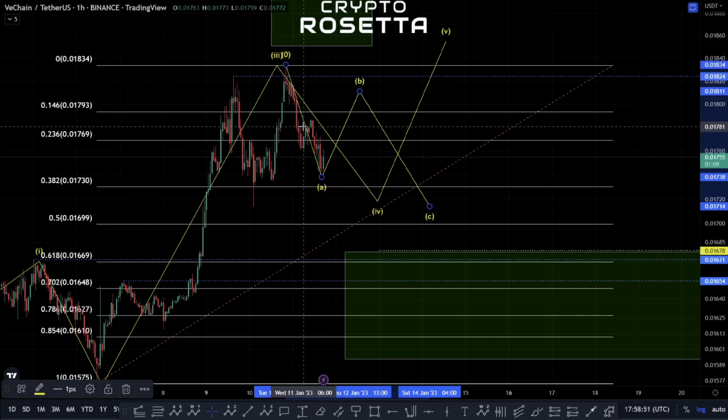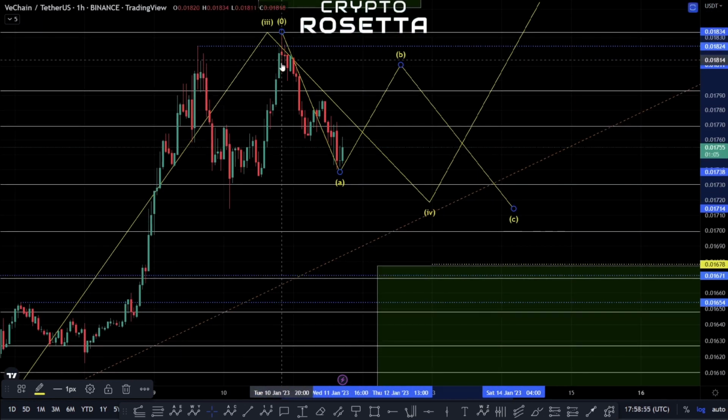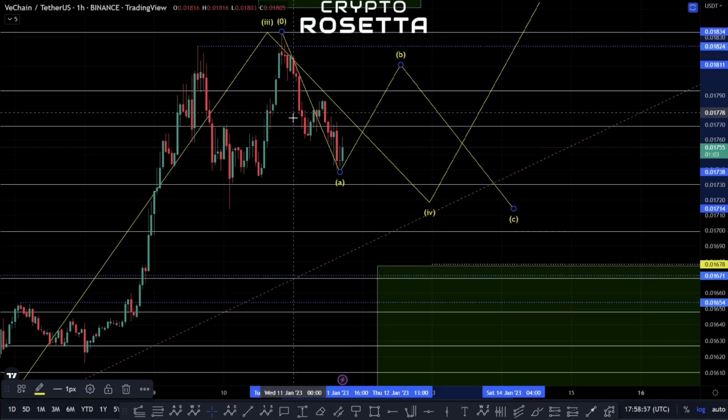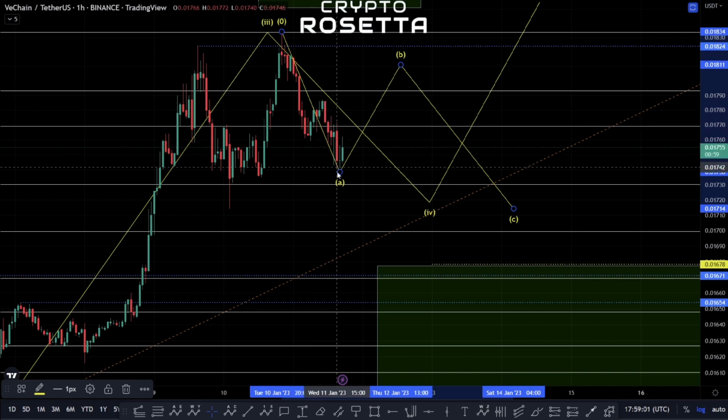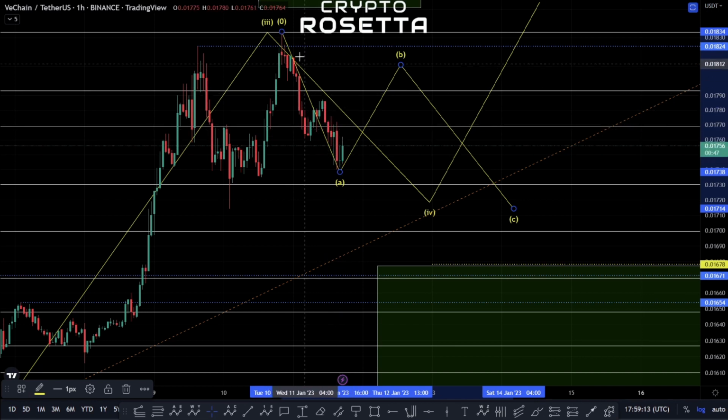However, we might argue that there's 1 2 3 4 5 and then some kind of a diagonal shape in here with a 1 2 3 4 and a 5. It's possible that this could be a zigzag complete here, but it looks better as a 5-wave move, to be honest with you.